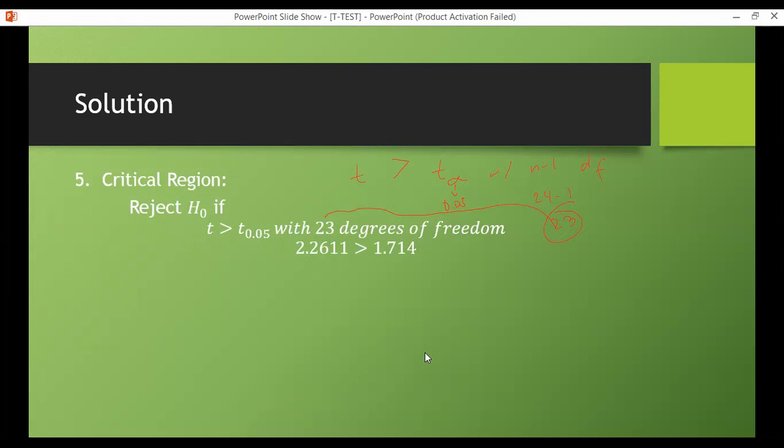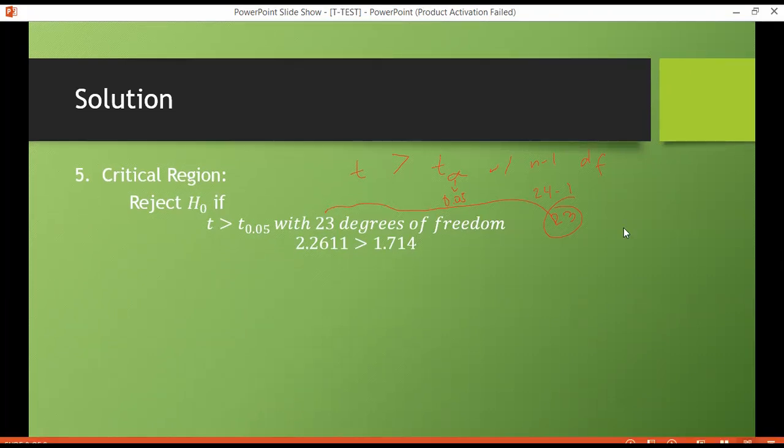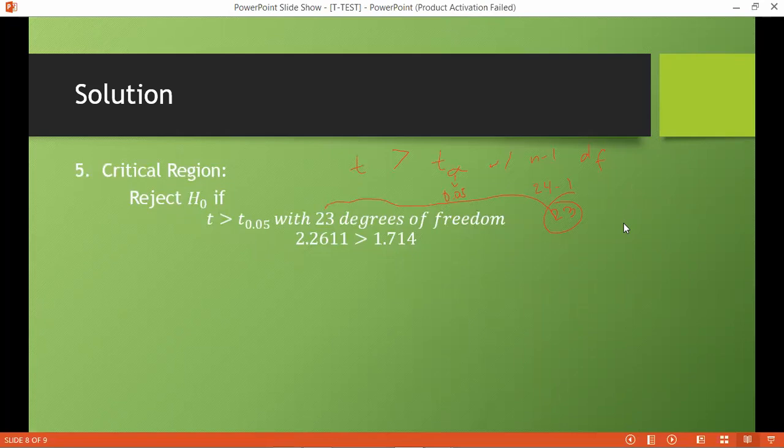Next, we have, okay. Now, 2.2611 is greater than 1.714. And the statement is, of course, correct or true.